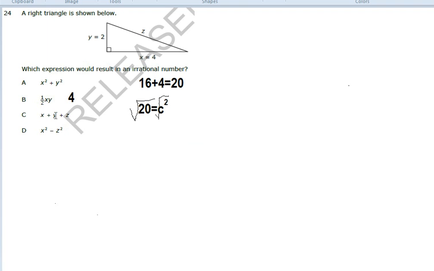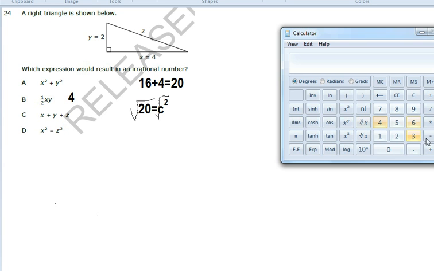So if I do 4 plus 2 plus the square root of 20 in my calculator, oh, okay. I gotta do this. Square root of 20 plus 4 plus 2. That is a decimal that doesn't end and it doesn't repeat. So the answer is going to be C.